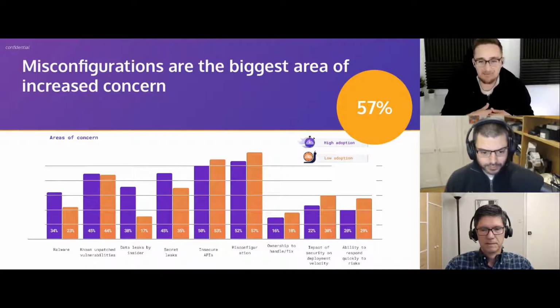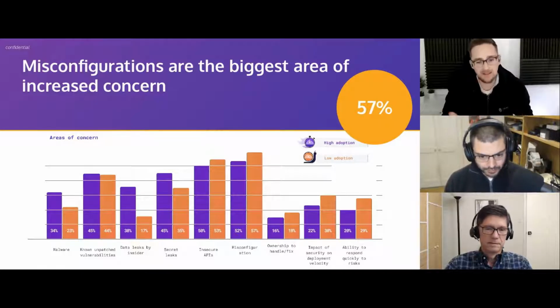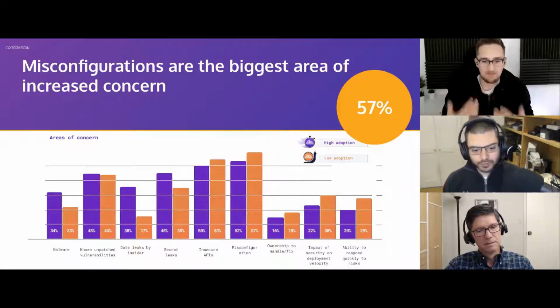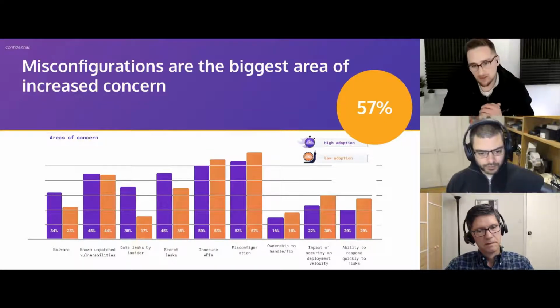And the misconfiguration for me is a worry, because sometimes it can be seen as a people problem, but processes and technology can be put in place to put protective bubbles around that. And with anything misconfiguration, it is all about visibility. Are you observing what's going on in your environments?